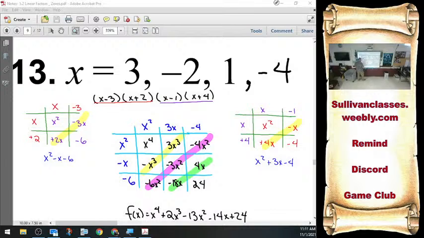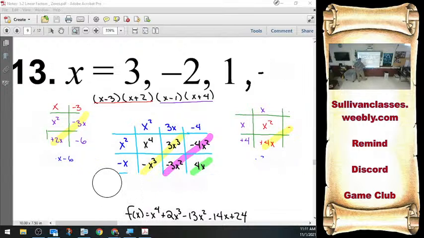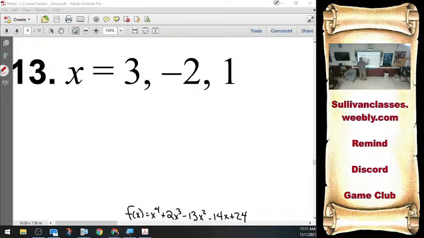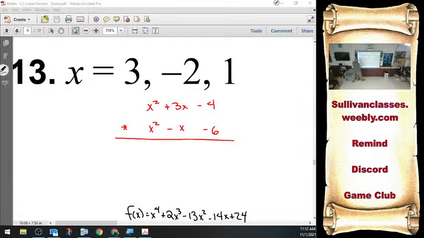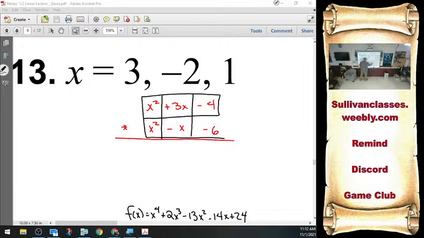Y'all know you can go old school with this too. You could have x squared plus 3x minus 4, times x squared minus x minus 6. You can just do this like old school multiplication. Each of these is its own digit. That's all it is.